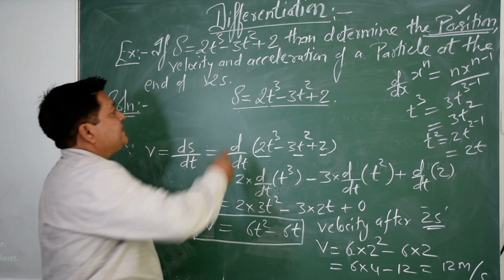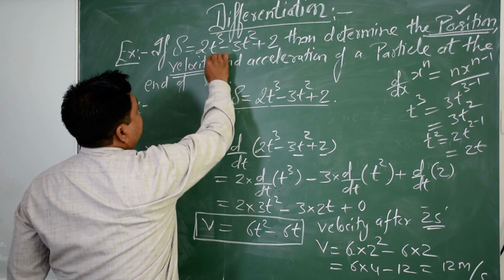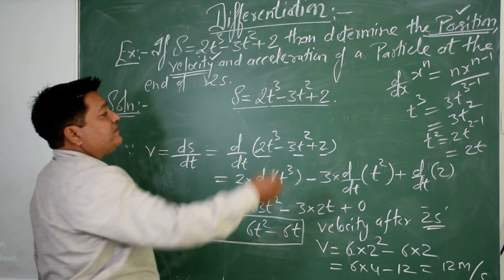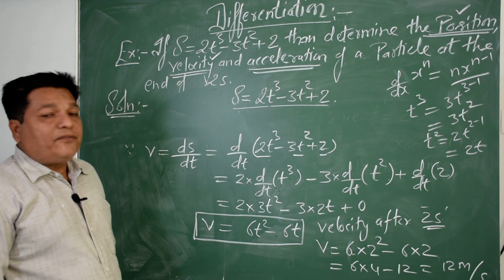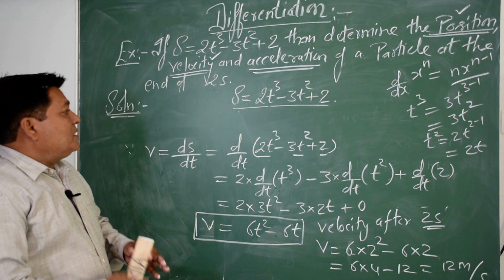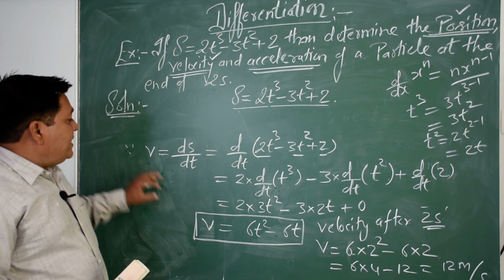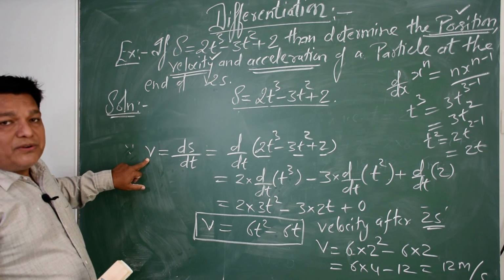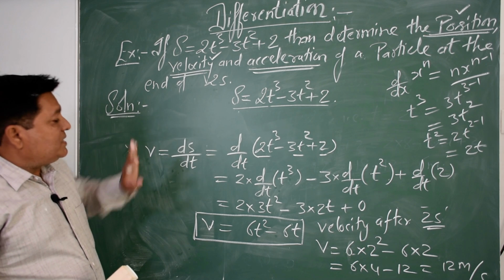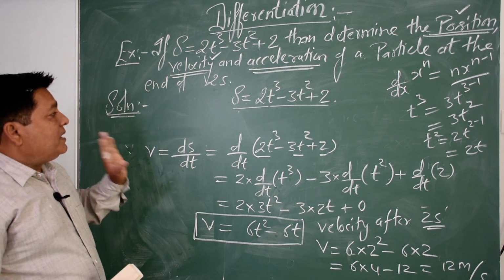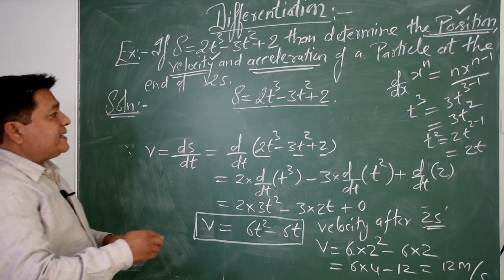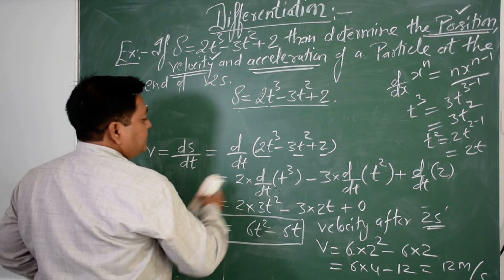This is the second result we have taken out. Third result is we have to determine the acceleration of particle at the end of 2 seconds. So how do we get acceleration? Rate of change in velocity with respect to time will give us the acceleration. Okay. So let us take out acceleration now.